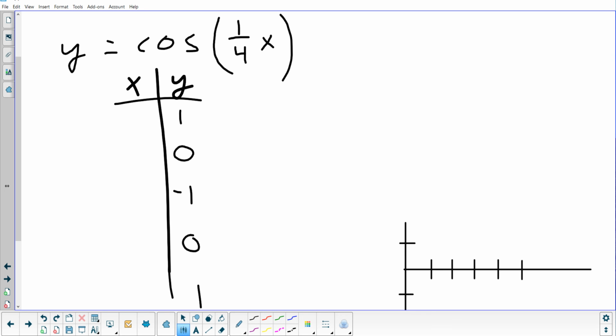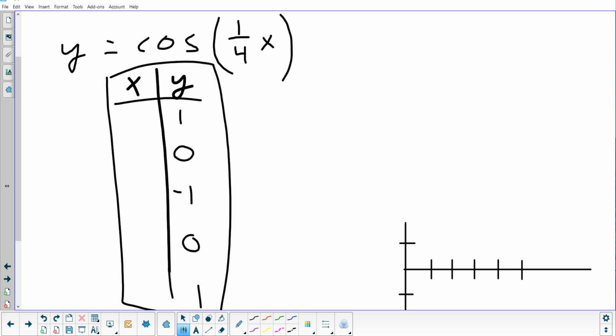Yes. Perfect. So again, I know I've said it a few times, but that's going to be worth 10 points. Those 5 values right there would be worth 5. Okay, x's. When we do a stretch or a compression, the first x value is always what number? 0. That doesn't change.